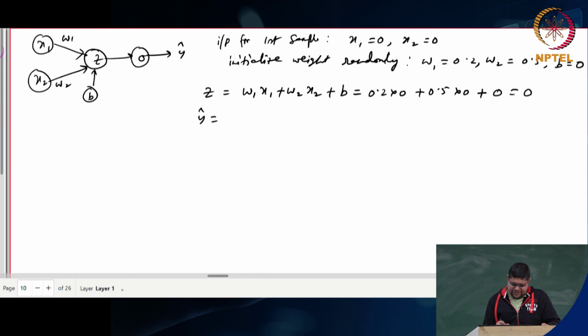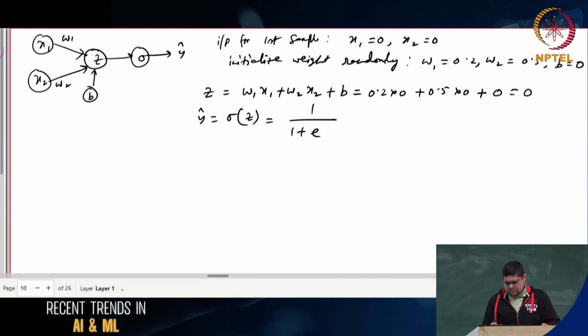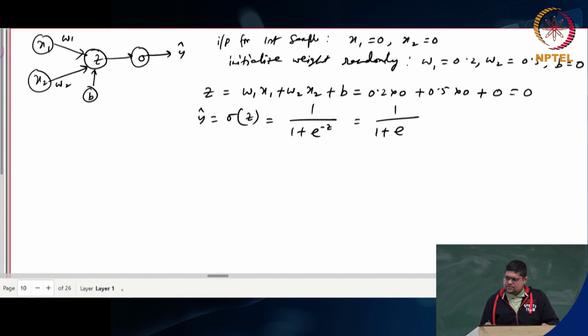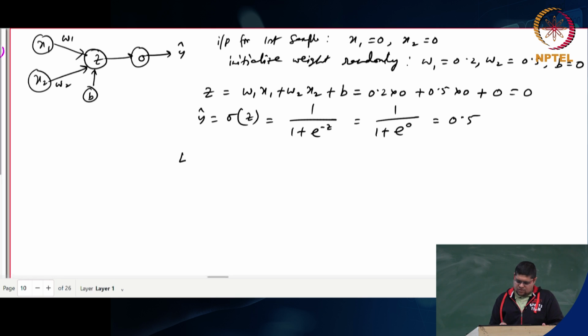So y hat equal to sigma of this Z, 1 by 1 plus e to the power minus Z, equal to 1 by 1 plus e to the power 0, right? So what will be the value? 0.5.